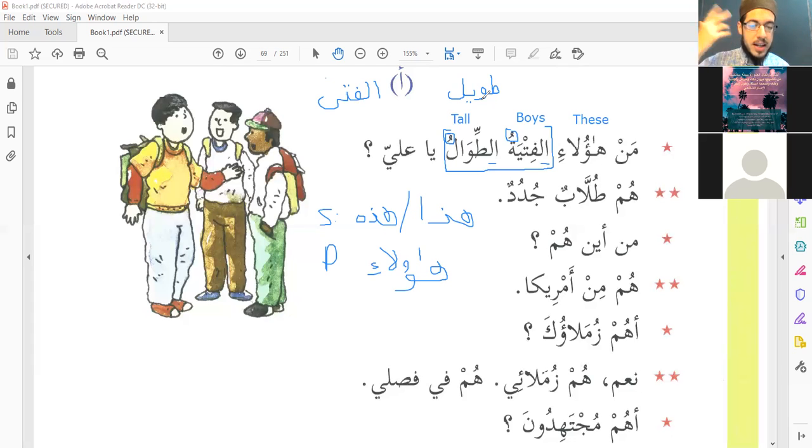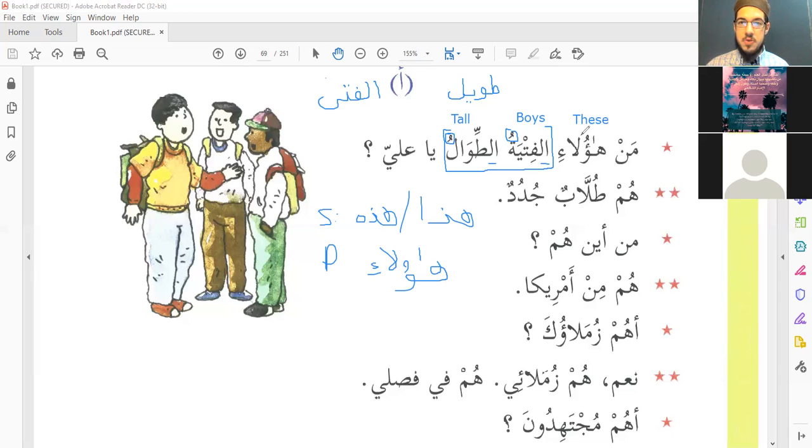They're simply translating from their language. In Arabic, literally, we're just going to say, who these boys talls, O Ali. Right? Crazy, right? Which is why now we're going to see that less and less are we going to be able to translate in our head. Because the forms are going to stop corresponding to our native language or English, right? This does not correspond very well with English syntax or usage, right?